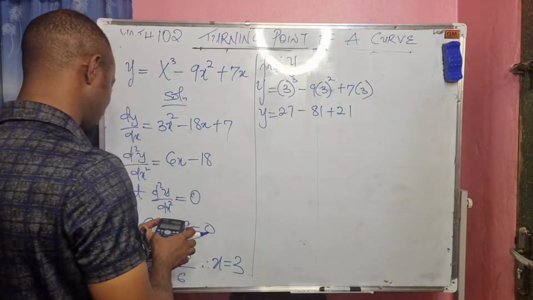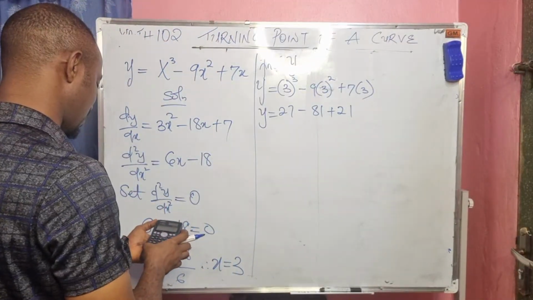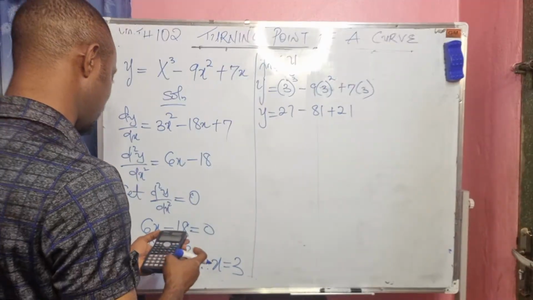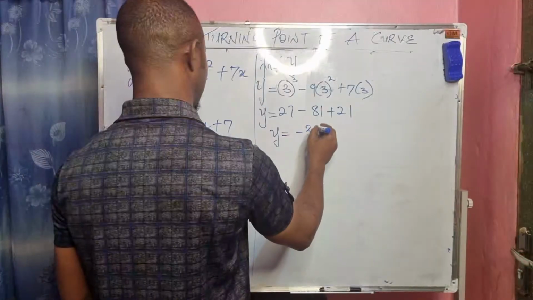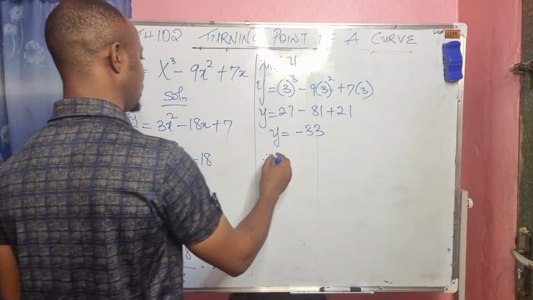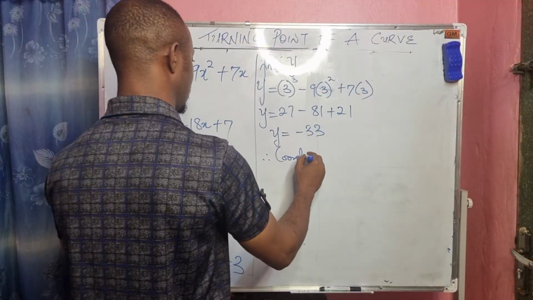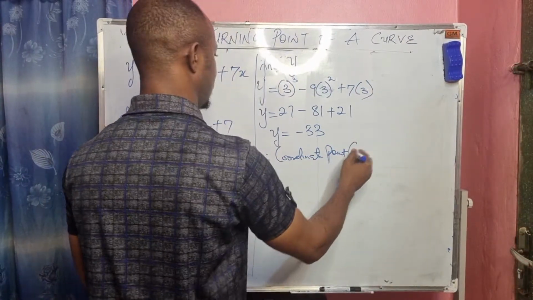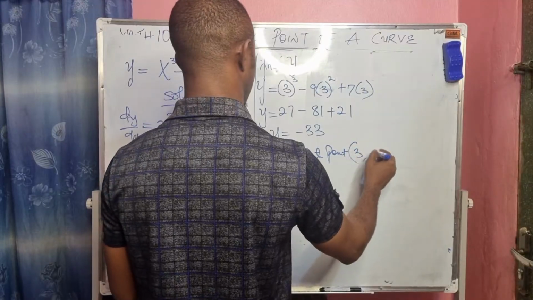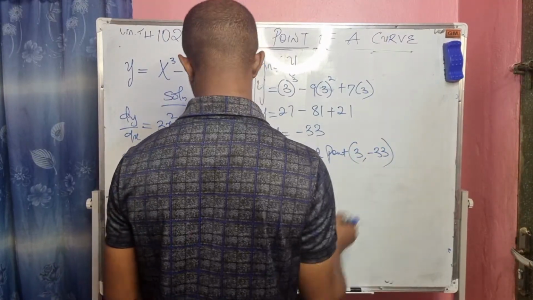Okay, so let's subtract 27 minus 81 plus 21. This will give us y equals minus 33. Therefore, the coordinate point is x equals 3, comma minus 33.